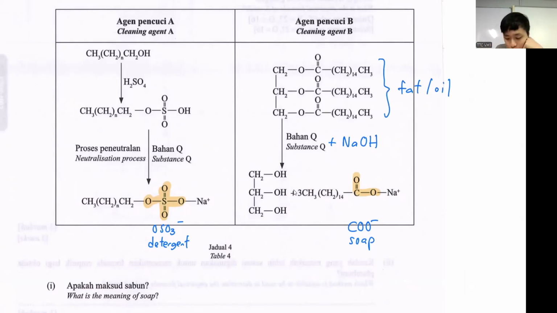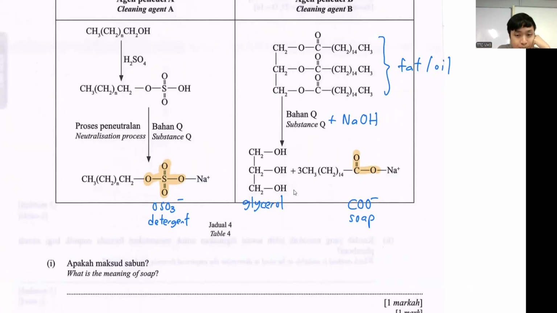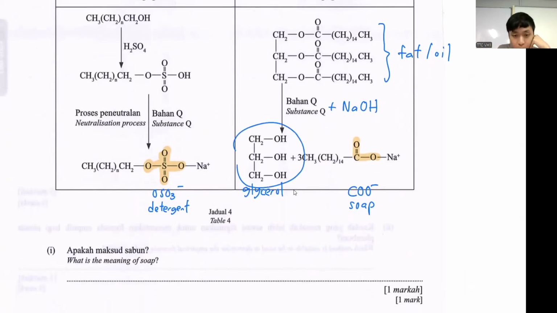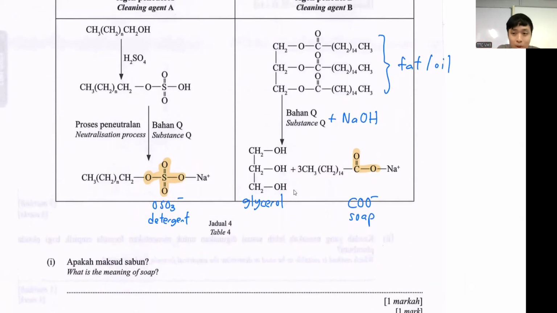So if you use fat and add alkaline, then you get glycerol and soap. This is the part for glycerol. In biology, this fat part is called triglyceride, but anyway, not important.